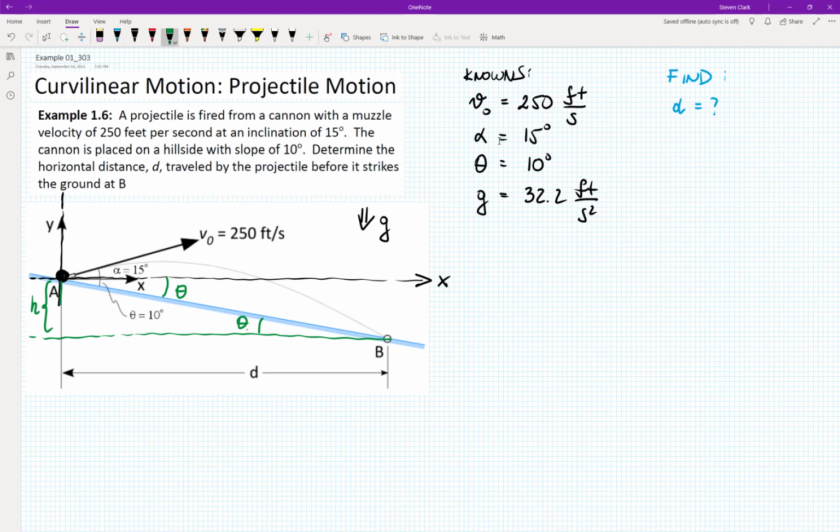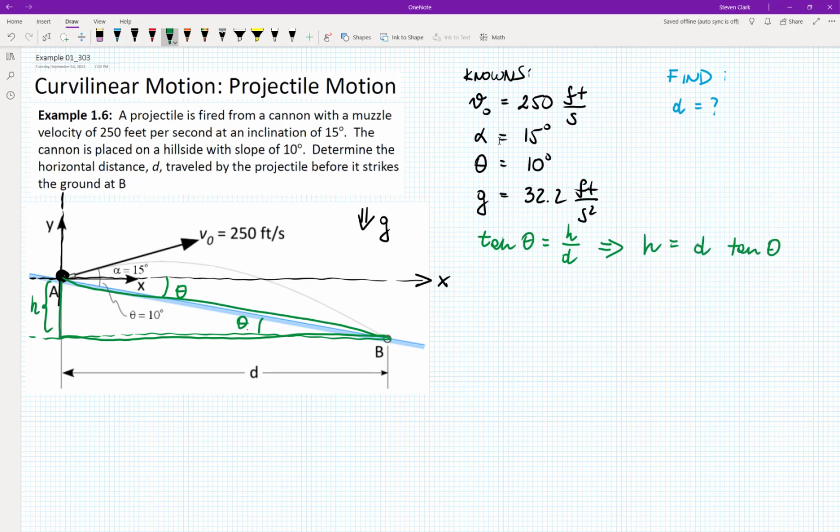So based on this green triangle, I hope that you guys can all see that our tan theta is H divided by D. And from here we have H. So H will be equal to D tan theta, or 10 degrees. Okay, with these two pieces of information we can start.